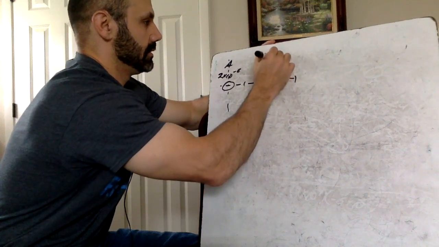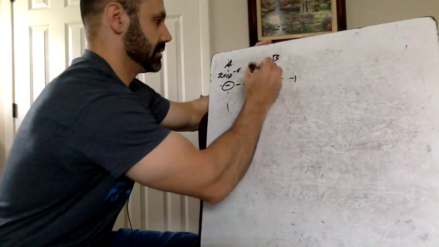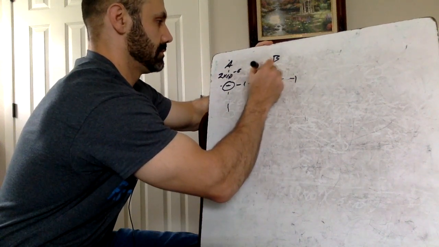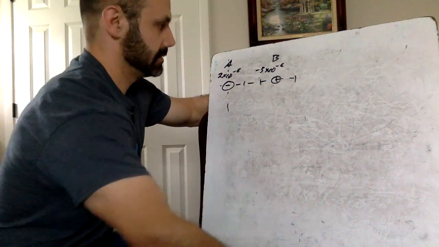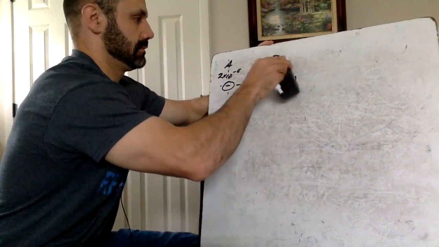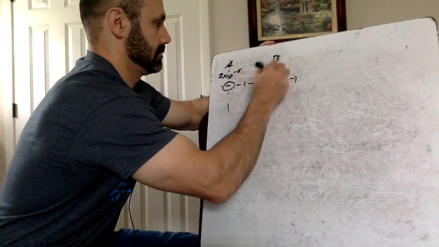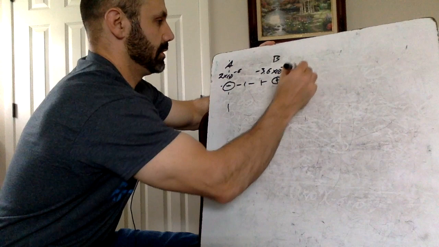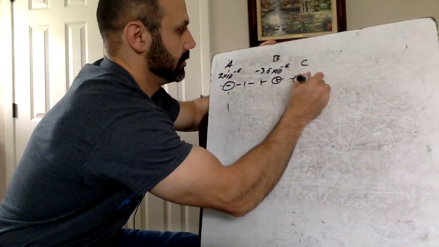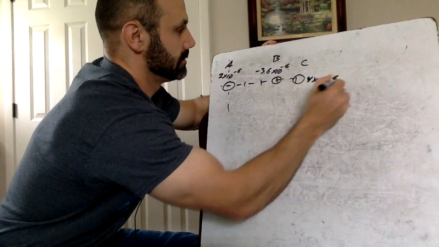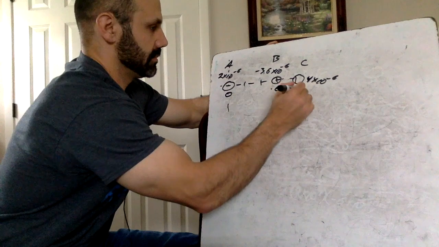Here's particle B. B is negative 3.6 times 10 to the negative 6. And then particle C is 4 times 10 to the negative 6 coulombs. This is 0, this is at 0.6, and this is at 0.8.